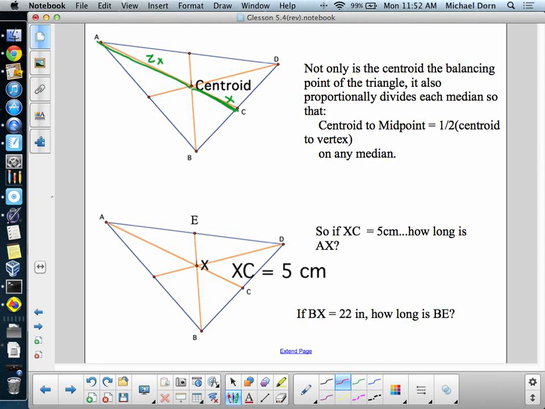Or if I went along this median, for every y here, there's 2y over here. Or for every z I have here, this is twice as long.